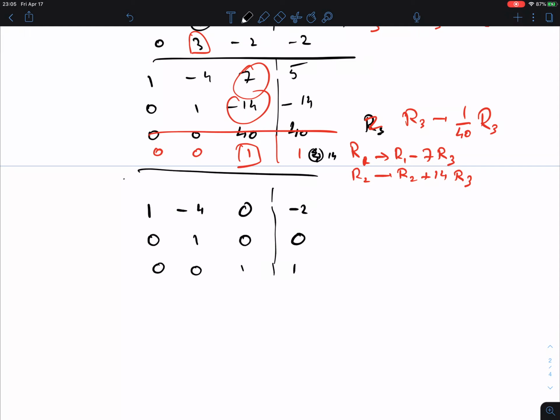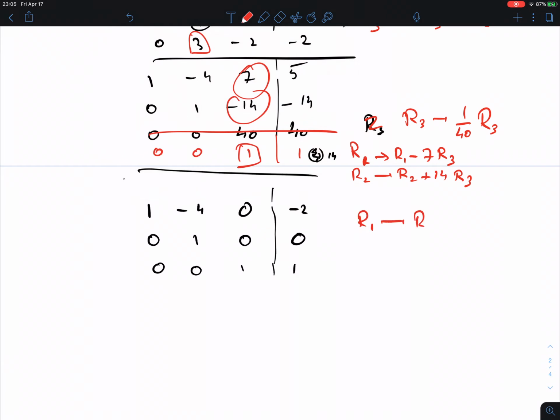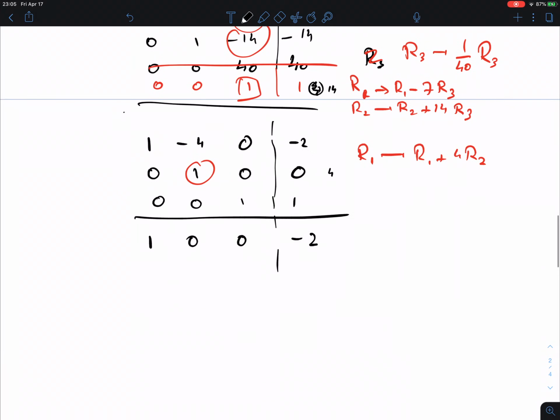Yes. Good. Only one thing left to do. That's the row operation row 1 plus 4 times row 2. I'm using this pivot in row 2. So I get 1, 0, 0. So I'm multiplying this with 4 and add up there, but nothing happens. -2, 0, 1, 0, 0, 0, 0, 1, 1.